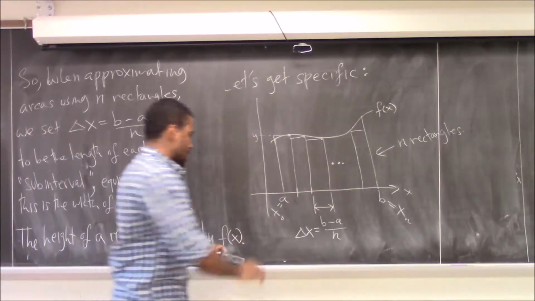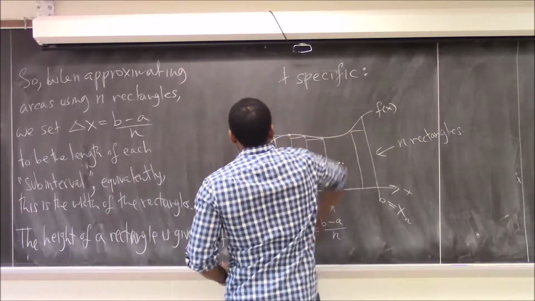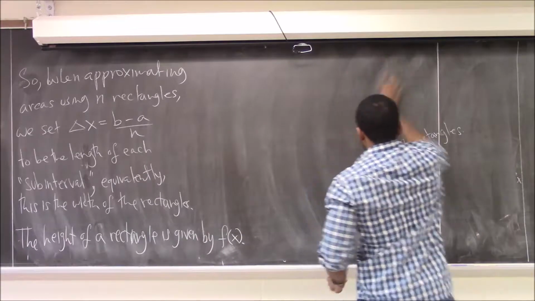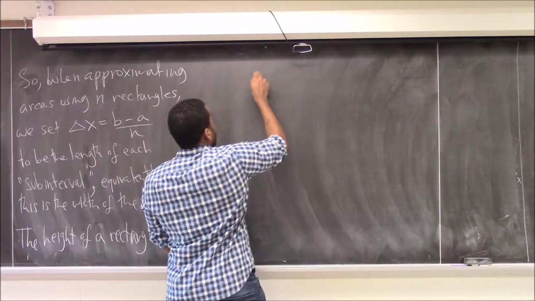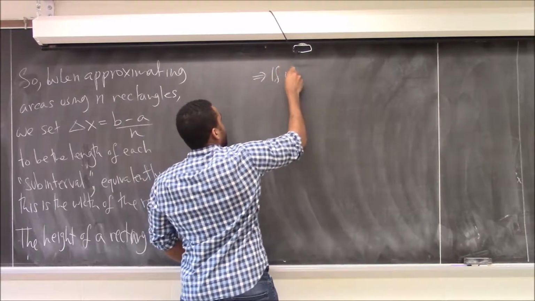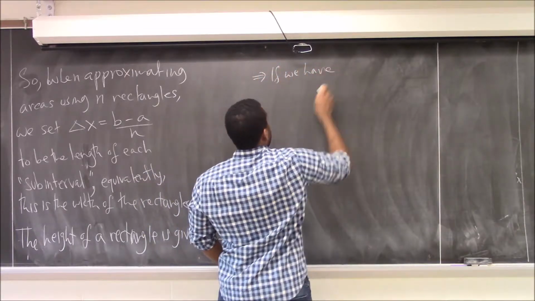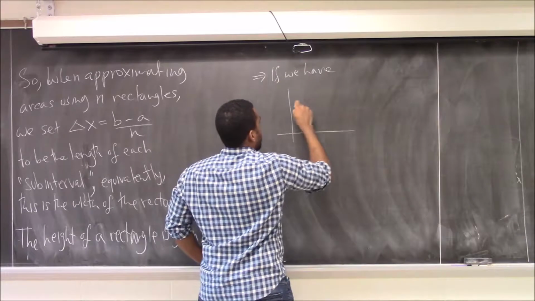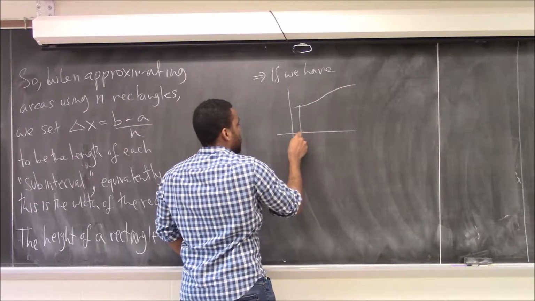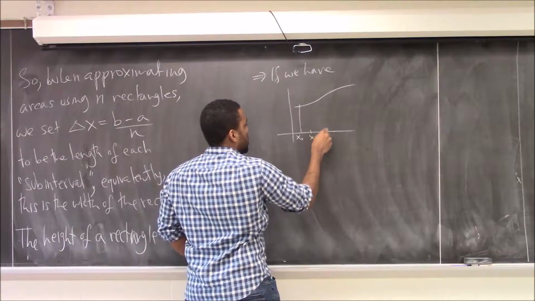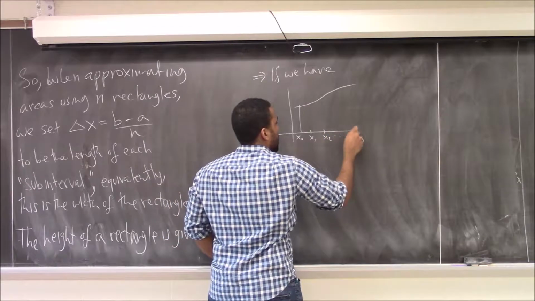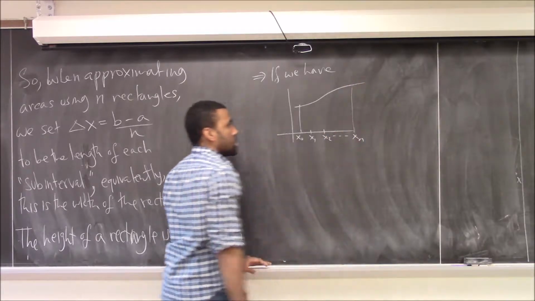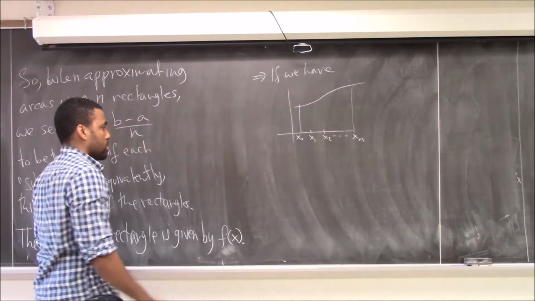So here's how I'm going to add up all these rectangles. If we have a curve where this is x0, x1, x2, all the way down to xn, then we have the following.